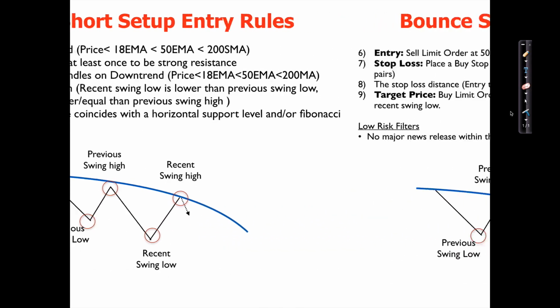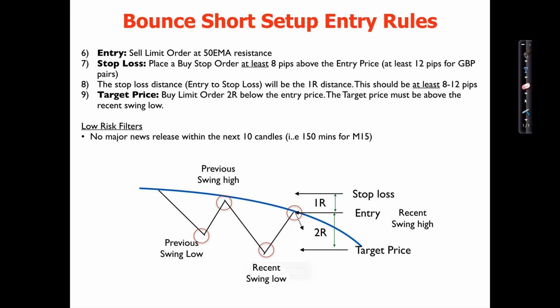So again, let's look at our entry rules. In this case, the price is going up and you're anticipating it's going to hit the 50 and bounce back down. So you're looking to enter here by selling. So again, there are two ways to do it. The first way is, like I said, if I don't have time to watch it, I'll just place a sell limit order at the 50 moving average.